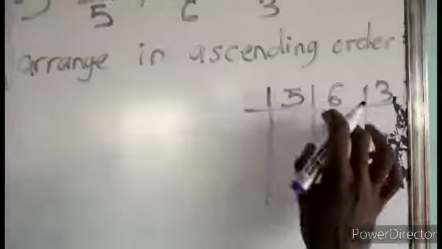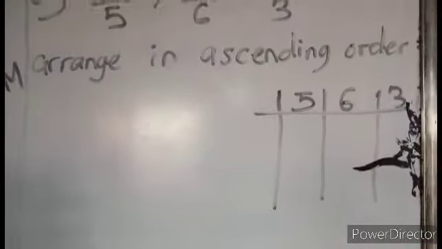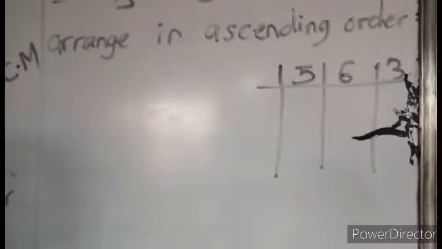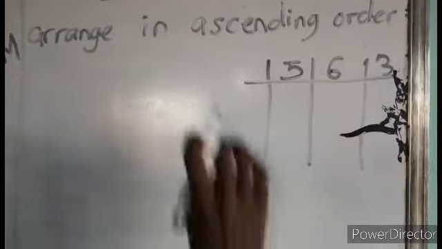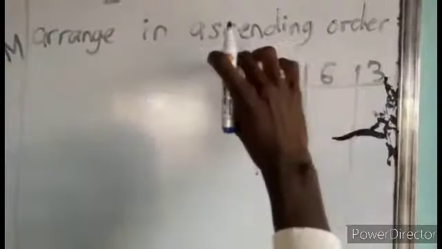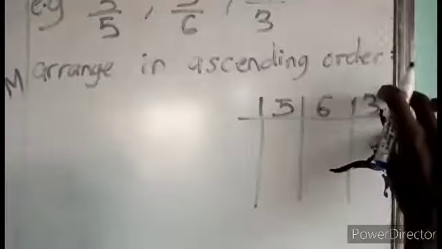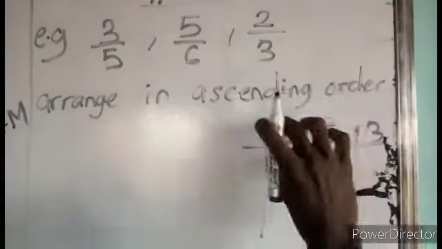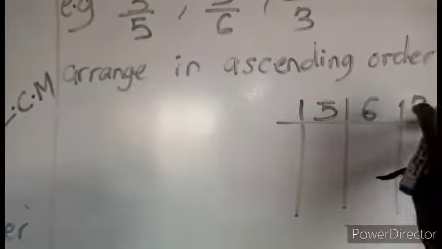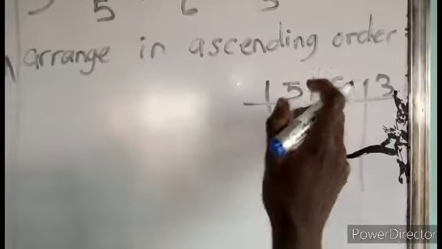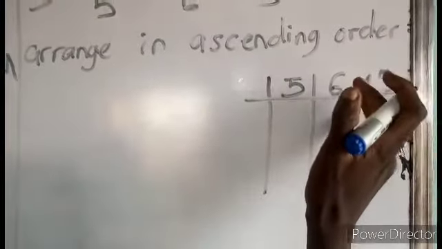Now, let's look at these three numbers. Starting from 2, which number can be used to divide all of these? If not all, at least one of them. So 2 and 5, no. 2 and 6, yes, 2 can divide 6.